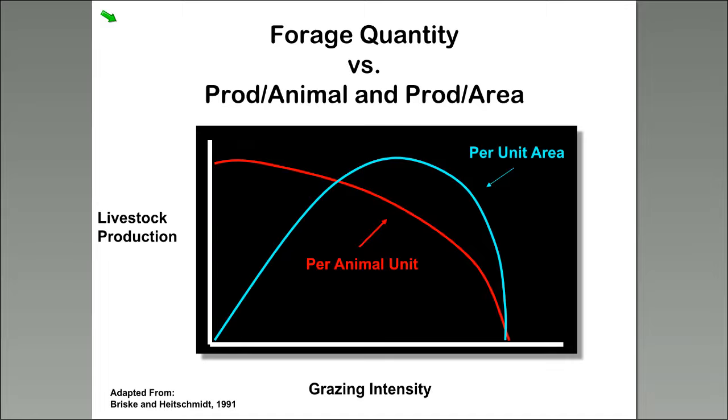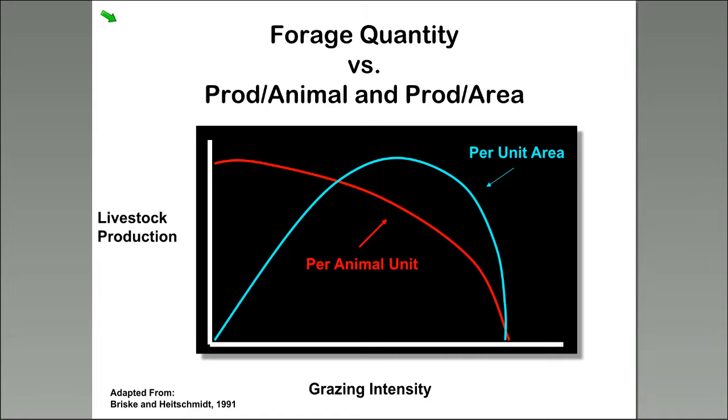So if we look at the quantity of forage that is produced by a given landscape and the performance of animals on that landscape, whether it be on a by animal basis, as we have represented here in the red line, or on a per unit area, so an acre, hectare, square mile section represented in the turquoise line, we can relate some indication of livestock or wildlife production on the y-axis to some level of increasing grazing intensity or plant tissue removal on the x-axis.